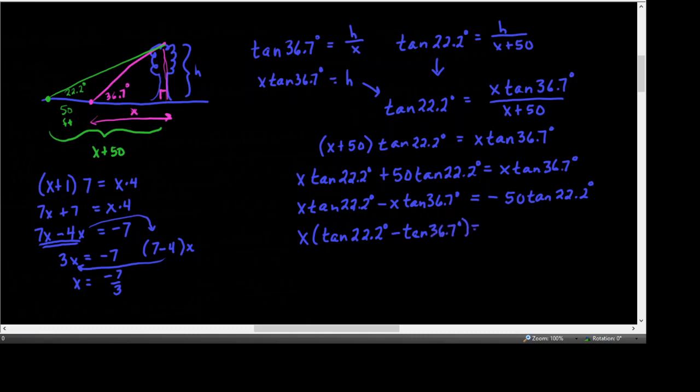We can't really combine like terms there. Those are just subtracted things that we're going to have to put in our calculator to do the subtraction. But anyway, to solve for x, we would divide both sides by that difference.